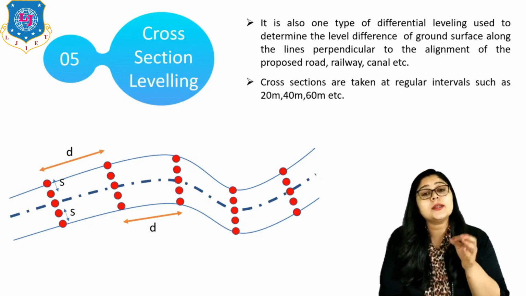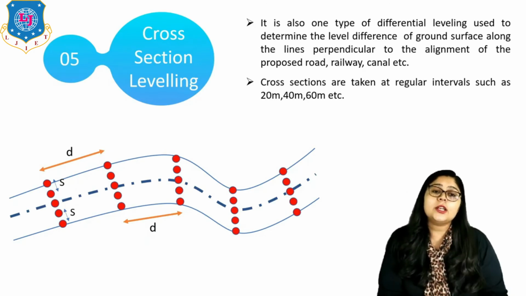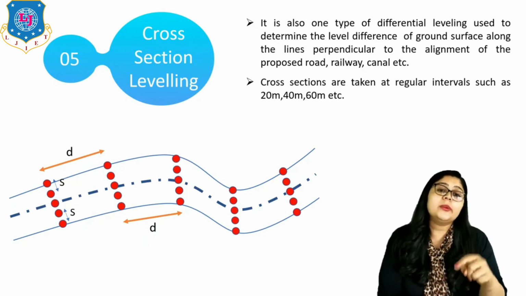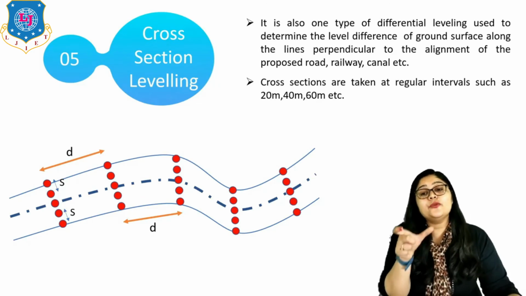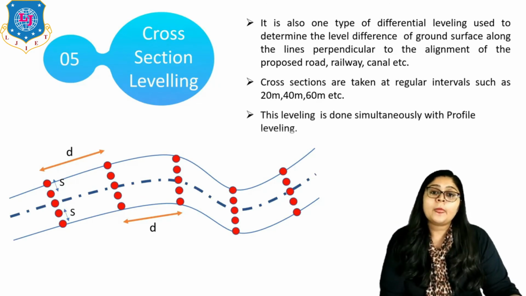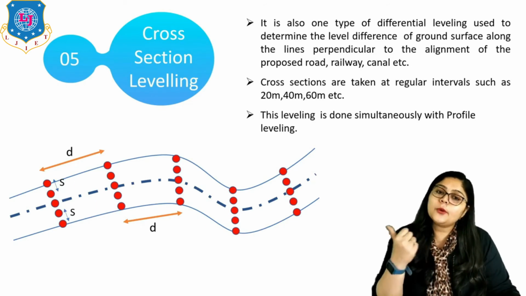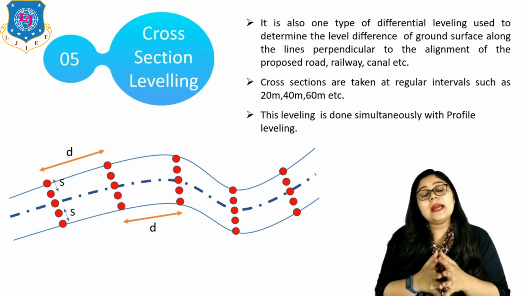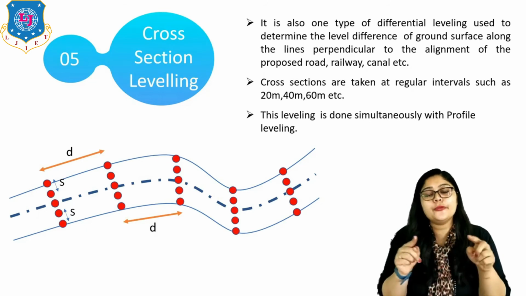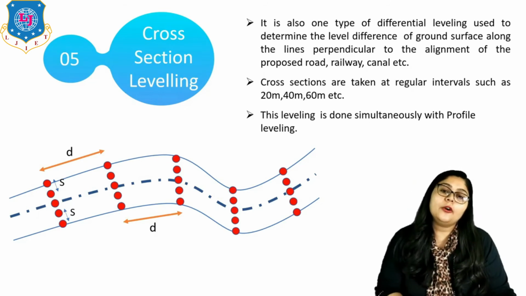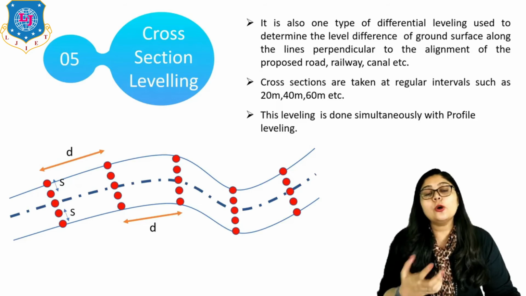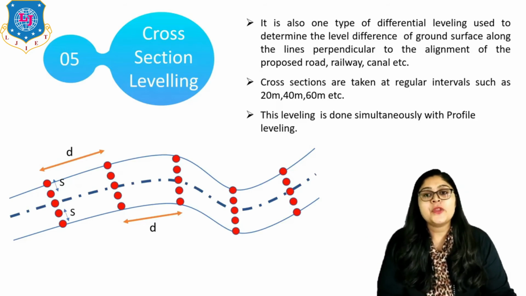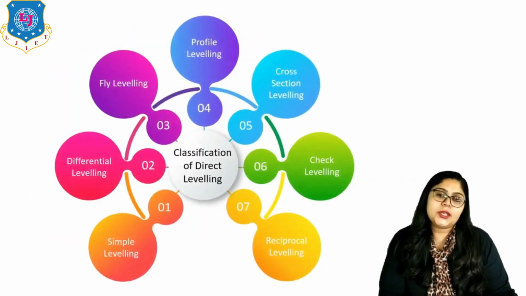Basically cross sections are taken at regular intervals such as 20 meter, 40 meter and 60 meter as per the width of the road, right? Same way, this leveling is done simultaneously with the profile leveling so that we can actually get an idea about the different points on that particular road, right? To provide slope as well as the length. So this is all about cross section leveling.